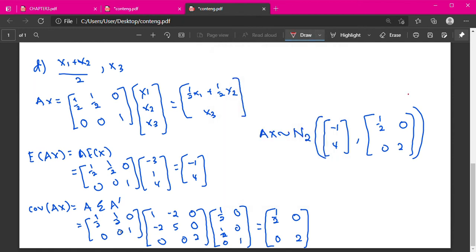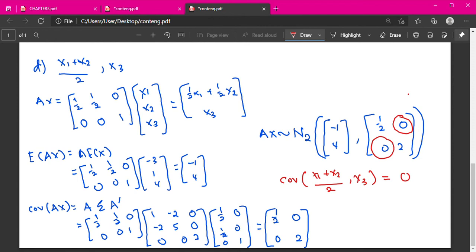So kita nak tahu whether the two linear combination is independent or not. So kita tengok dia punya part of covariance here. Because the covariance between X1 plus X2 over 2 dan X3 adalah 0.